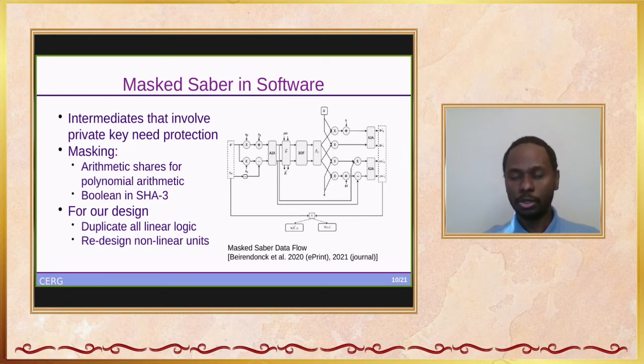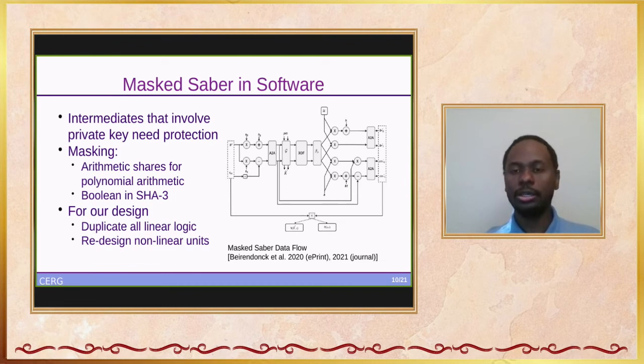The private key is the most sensitive resource in Saber because it's used long term and it's used in the decapsulation algorithm. So the attackers will be after this key, the private key. So the idea is that you split it into shares and then you compute on these shares securely.